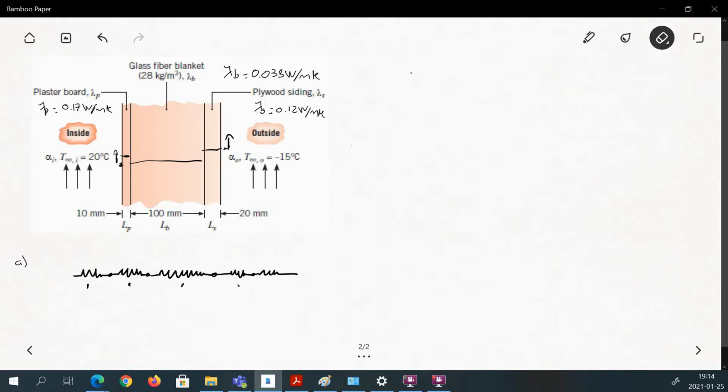So we have 1 over alpha I times the area, the contact area.